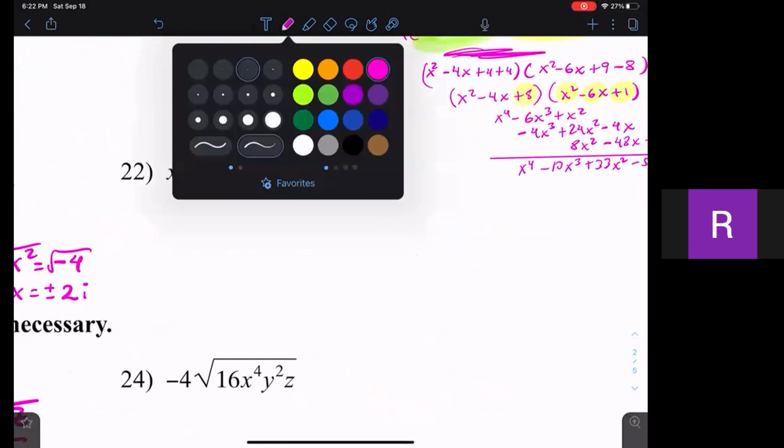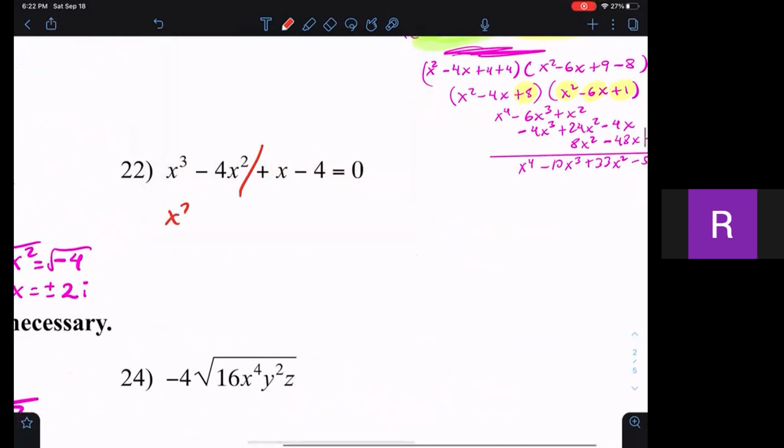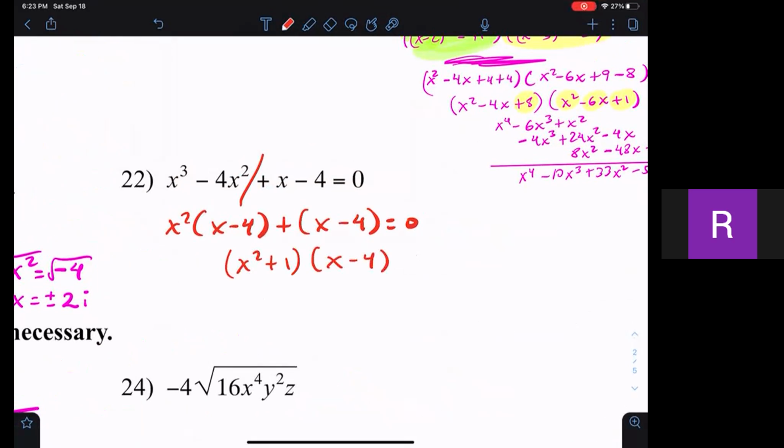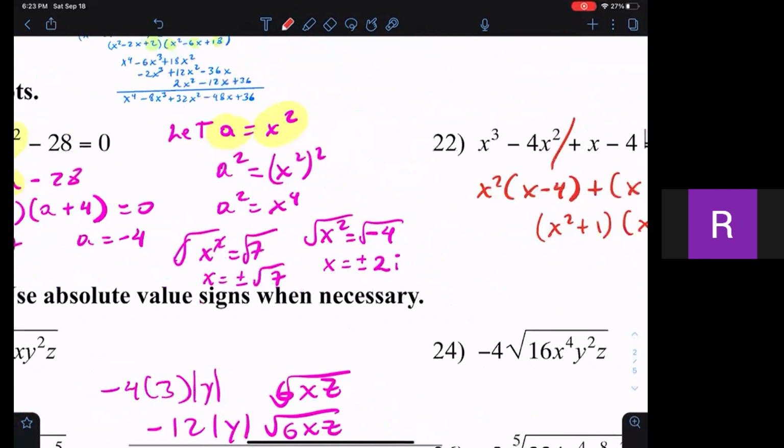Now here I can do by grouping, right? I think, yeah, that works. So this is x squared, x minus 4, and then I have x minus 4. So that's perfect. So this is going to be x squared plus 1, right? And this is going to be x minus 4. We can try to factor this out because they say find all roots, right?